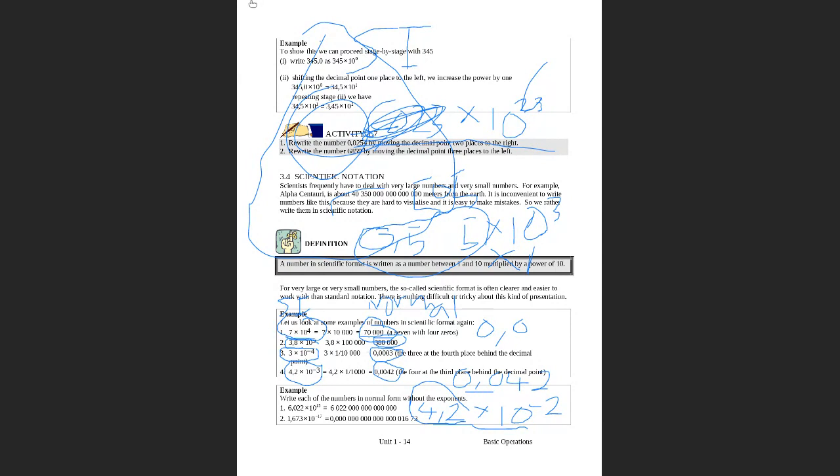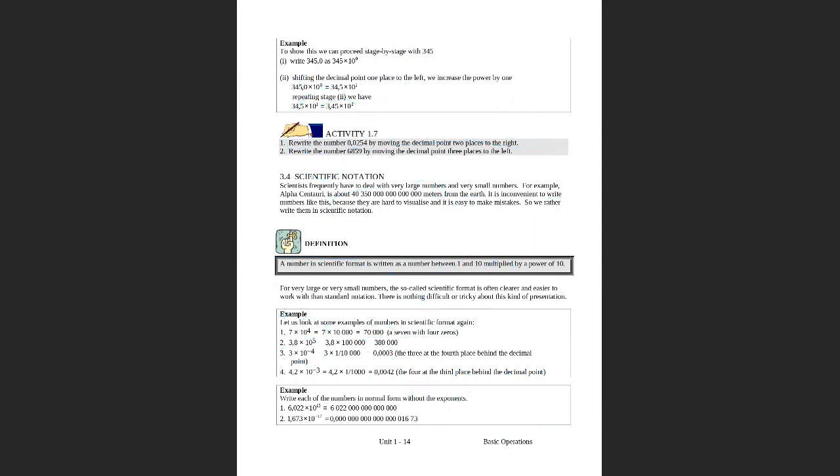So in this chapter or in your exams, you can be asked to write numbers in either scientific notation or in normal form. So now if you look at this number, it is in scientific notation. We have 6,022 times 10 to the power 15.